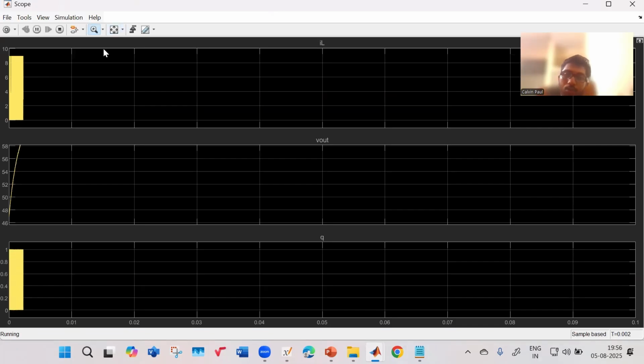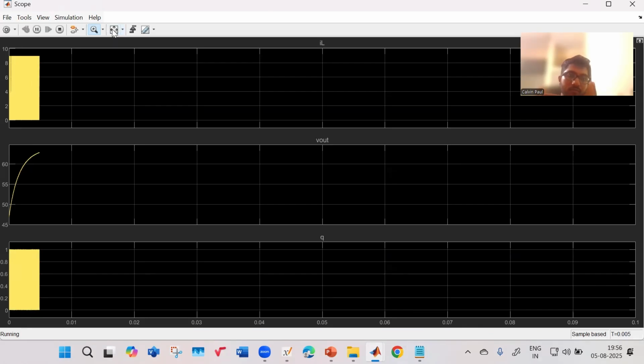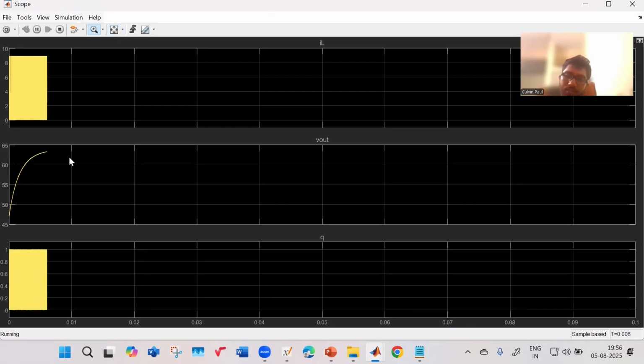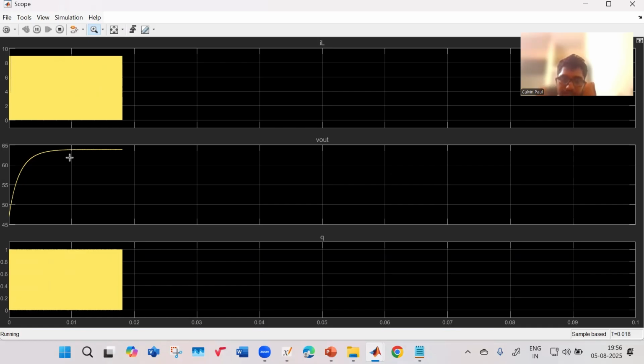See what is happening to the output voltage? It is constantly rising. We know that for duty 0.75 it should be 48 volt, but it is going more than that. So why do you think that is happening? Any idea? Any suggestions?